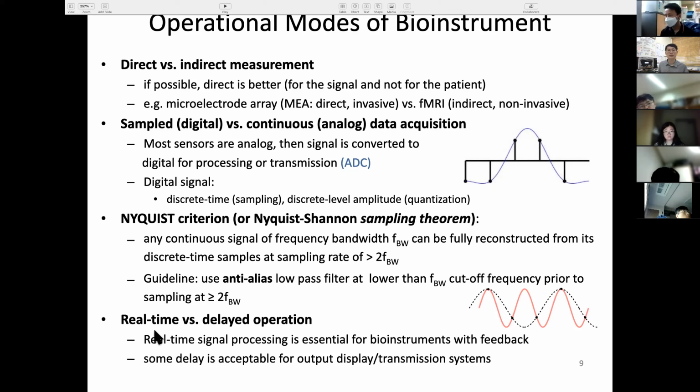All right, many times you will like to see real-time data, but other times it may not be absolutely necessary. Real-time signal processing can be essential when the bioinstrument has direct feedback. Of course, it's always good, but sometimes some delay is acceptable. For example, when I measure my blood pressure, I'm not that interested in how it changes over time in real time.